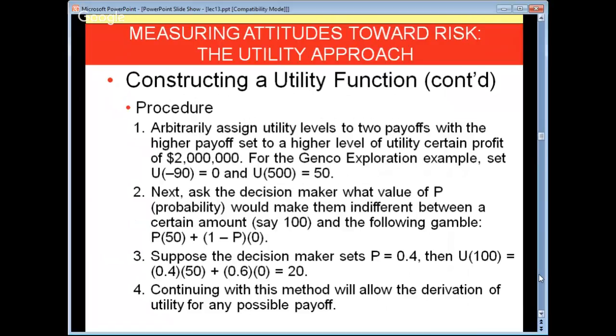A 40% probability of me striking an oil well with 500,000 or 30,000 barrels. And once you do it for that one scenario, you can do it for the other scenarios, where they strike 10,000 and where they strike 20,000, and then you can get a curve that shows you what your utility looks like.